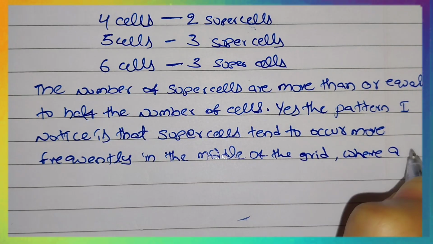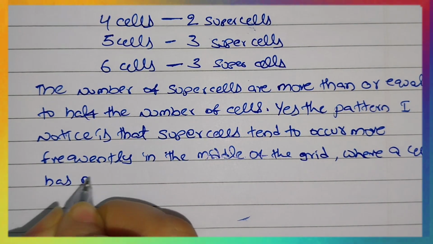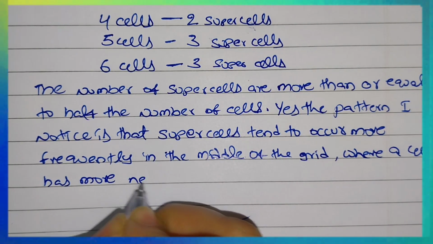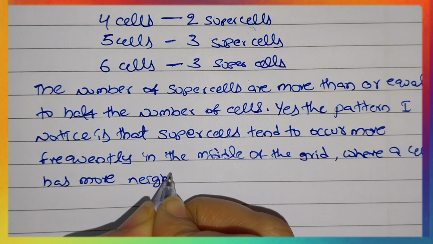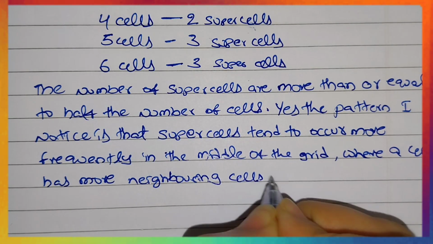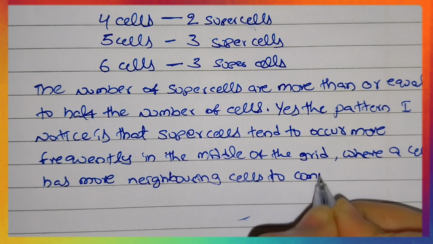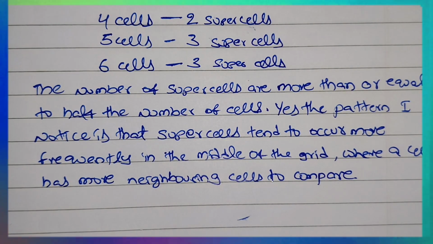The pattern I noticed is that supercells tend to occur more frequently in the middle of the grid, where a cell has more neighboring cells to compare. The maximum number of supercells can be half of the cells or one more than half of the total number of cells.